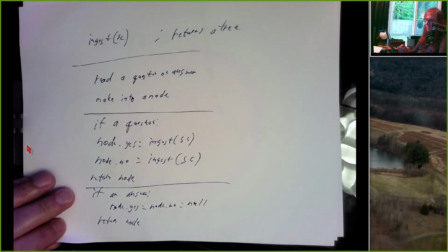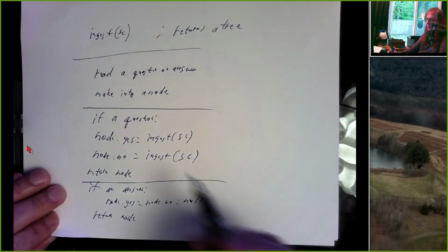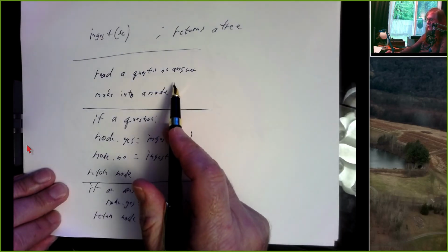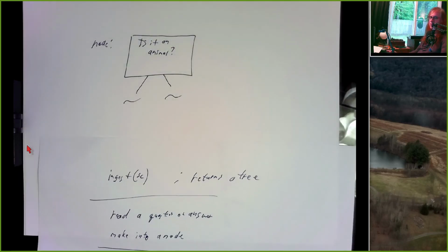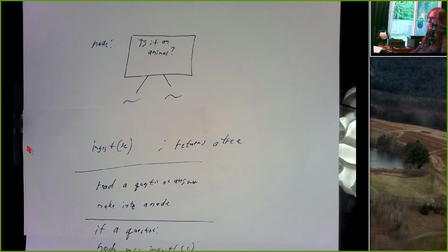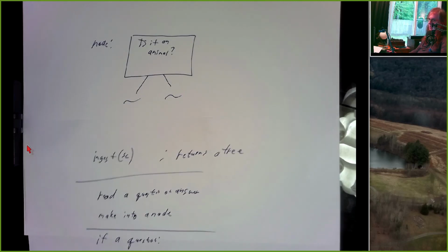So if we're trying to ingest from a file and the first line that we read is an answer, we'll put that answer in our node, we'll make the children null, and we'll just return this simple tree with a single node in it and no children.